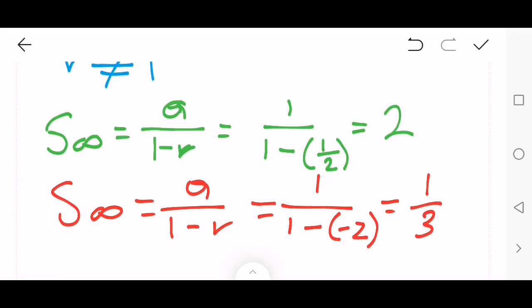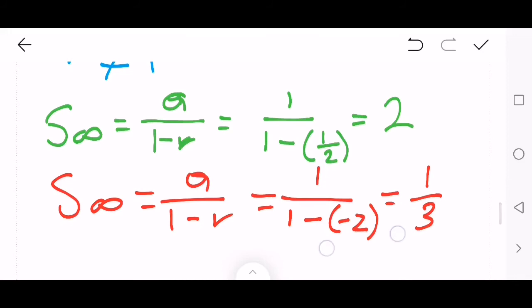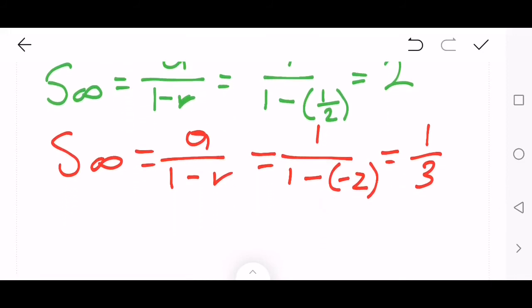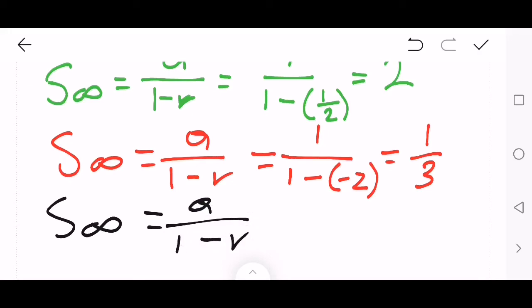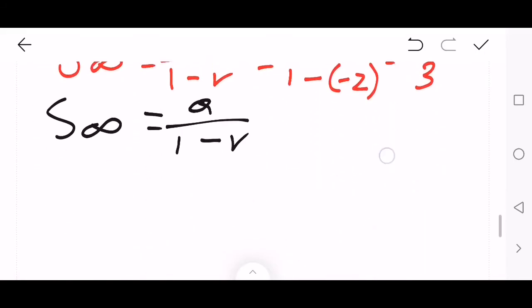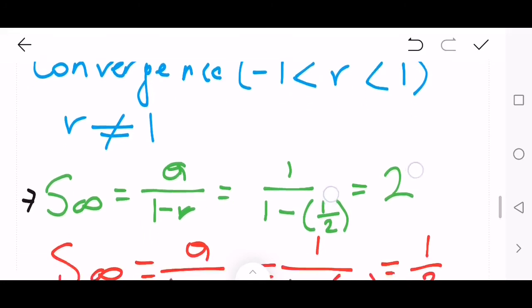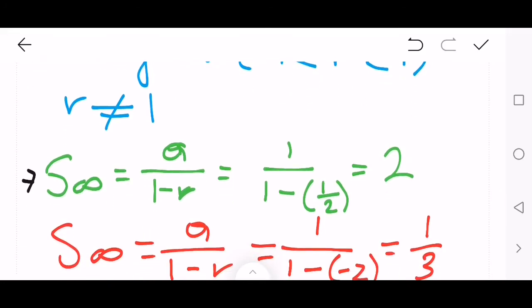We can also calculate the sum to infinity for the sequence where our constant ratio is 1/2.